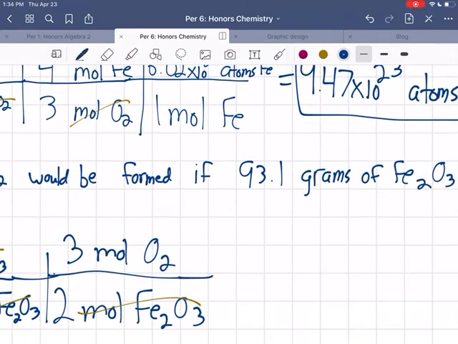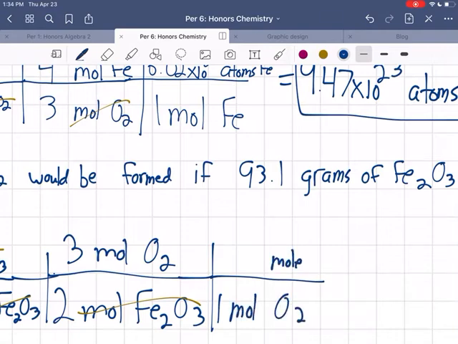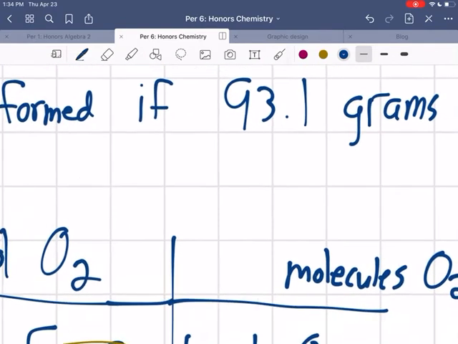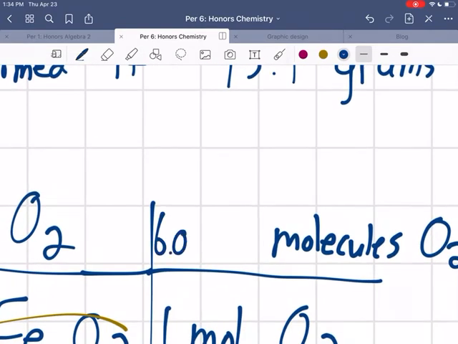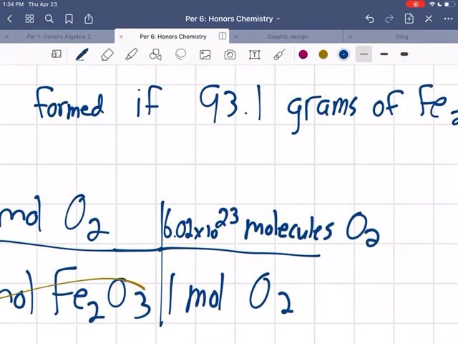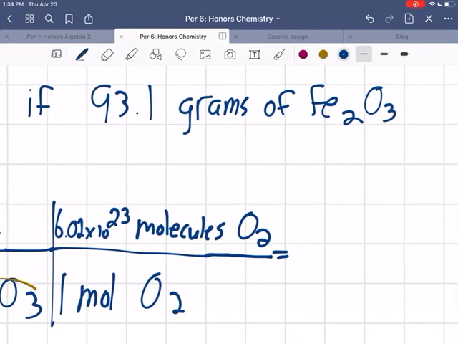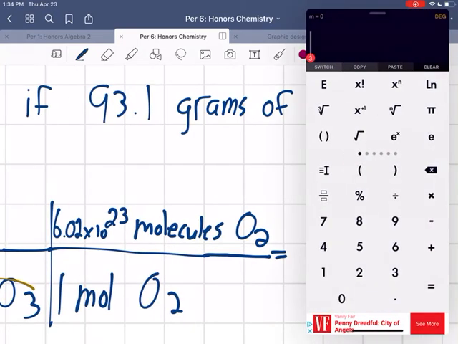And our last step is to convert from moles of oxygen to molecules of oxygen. Again, we just use that standard 6.02 times 10 to the 23rd. That is the same number you're going to use every single time to go from a mole of something to the number of particles or number of molecules or the number of atoms of something, Avogadro's number.